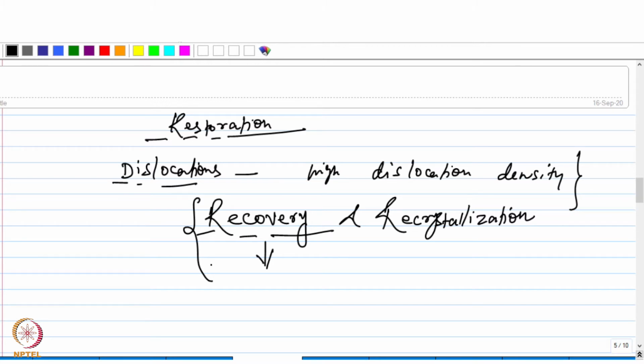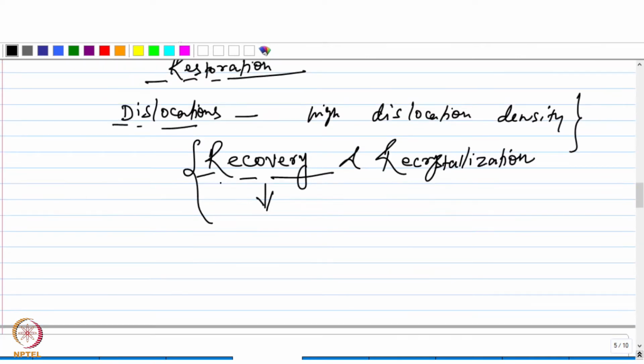So we need to look at the ways in which dislocations can be annihilated or eliminated from the material. One mechanism by which it can occur is known as polygonization, in which the dislocations arrange themselves in a particular pattern.